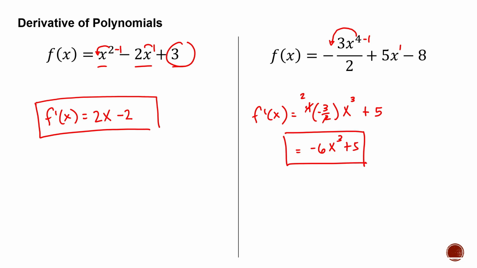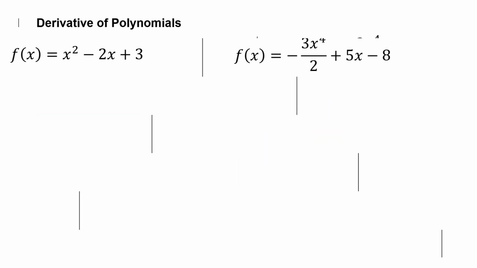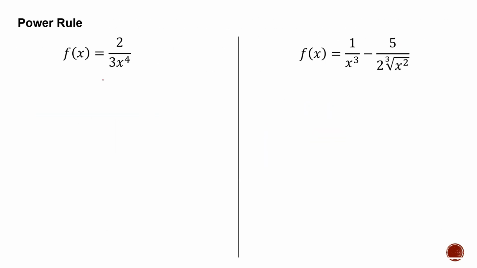Alright, now let's go to the last 2 examples. Okay, so if you encounter this kind of problem, you need to use some knowledge about laws of exponent. We can actually rewrite this as 2/3 x raised to negative 4. Okay, so if you are not familiar or you don't know how to do that, you need to learn or study about the laws of exponent. Okay, let's continue now. So let's multiply that negative 4 to 2/3.